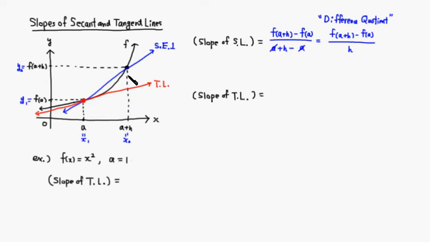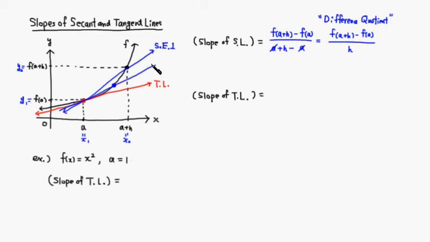What if I move this second point a little closer to the first point? Let's say I take this point right here, a little closer, and then form a secant line. It's going to be probably like this.